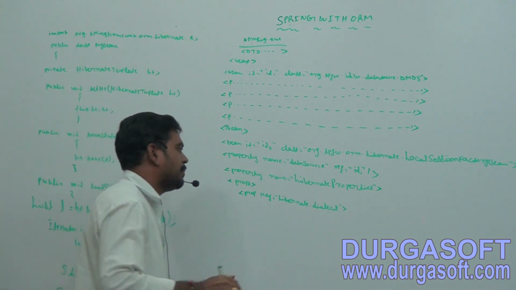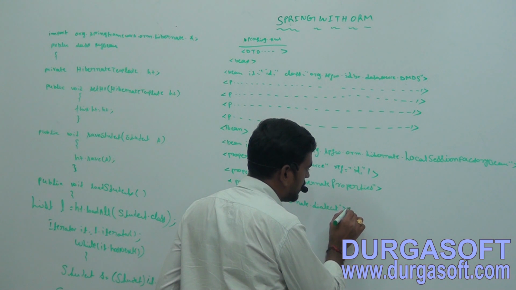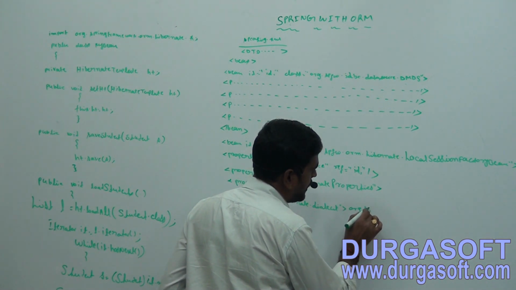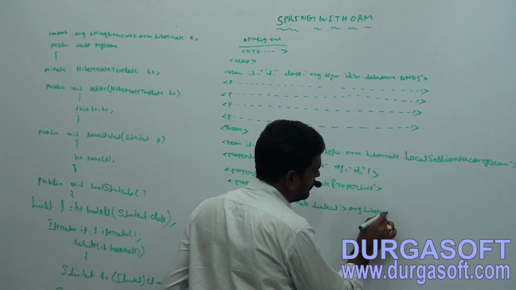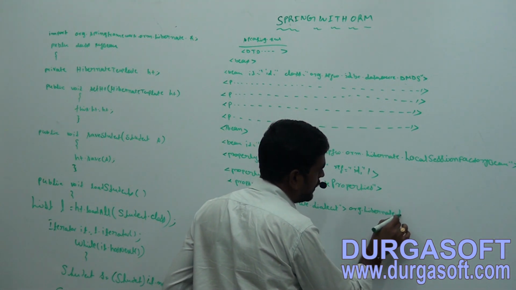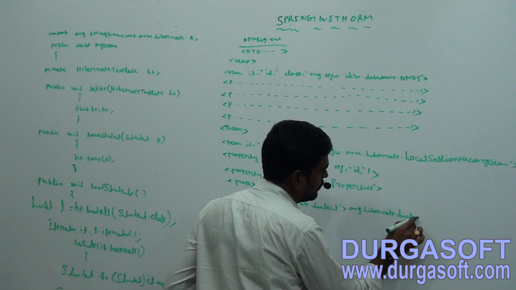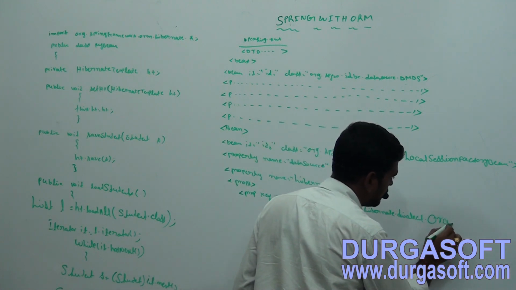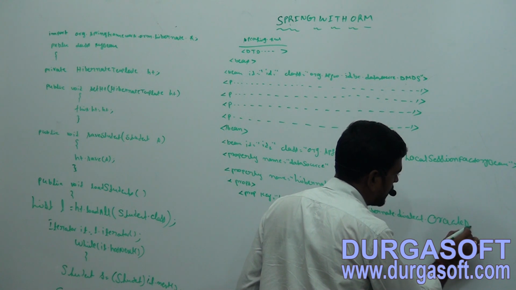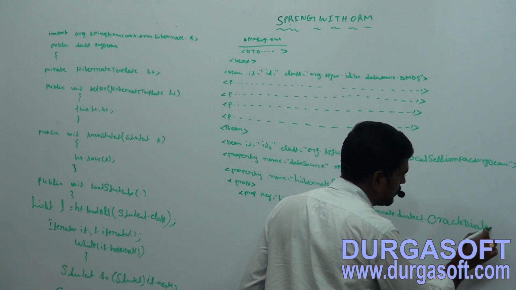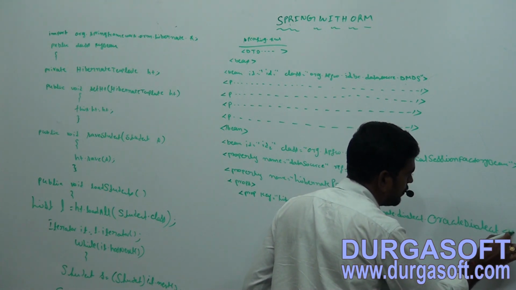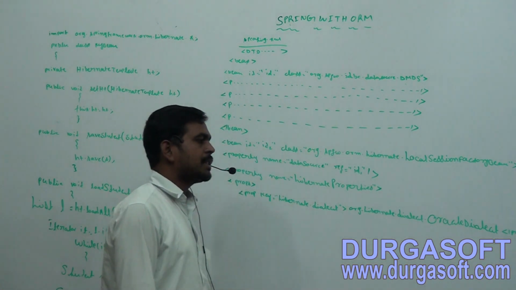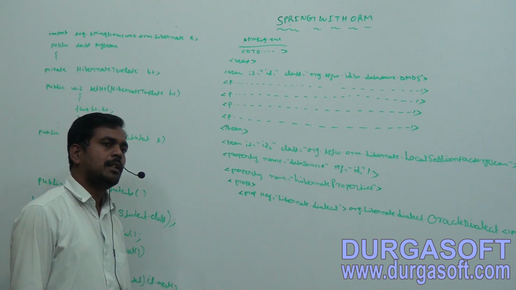So now here org.hibernate.dialect.OracleDialect. Close the prop. This class is responsible for generating the SQL query.